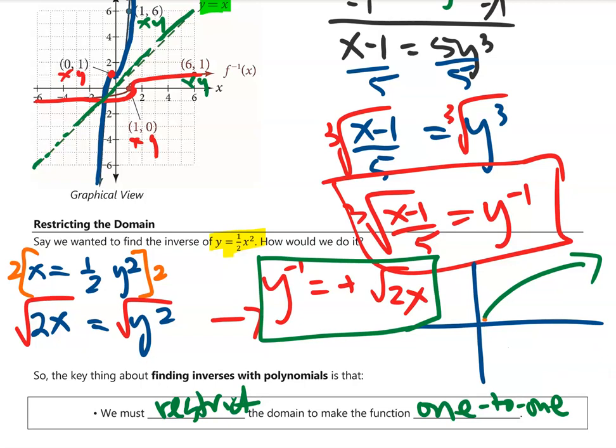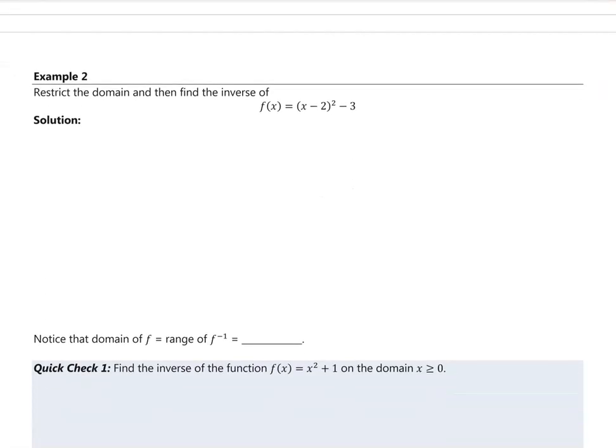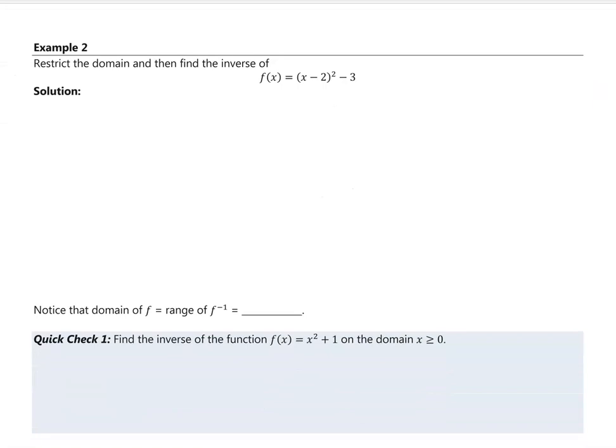Now this is just the part of positive square root of 2x. Now this graph here is a one-to-one function. Okay, and that is what we're going to do for the next problem. We are restricting the domain.